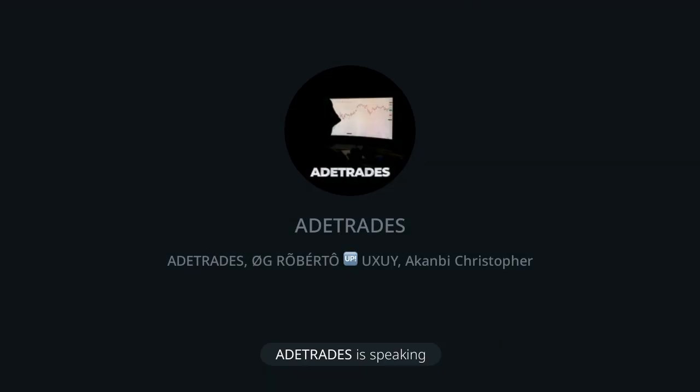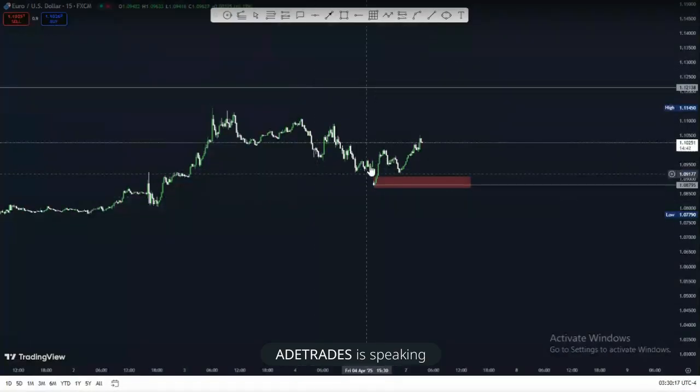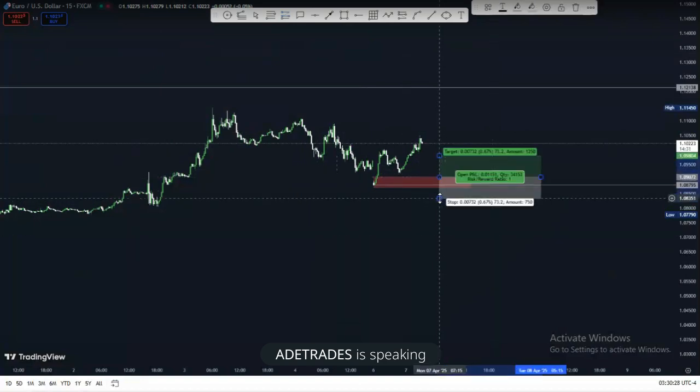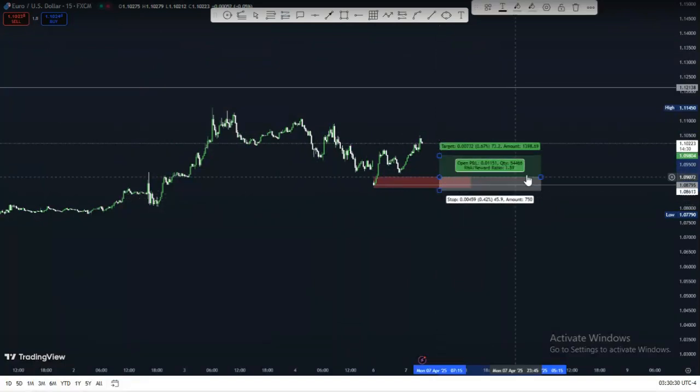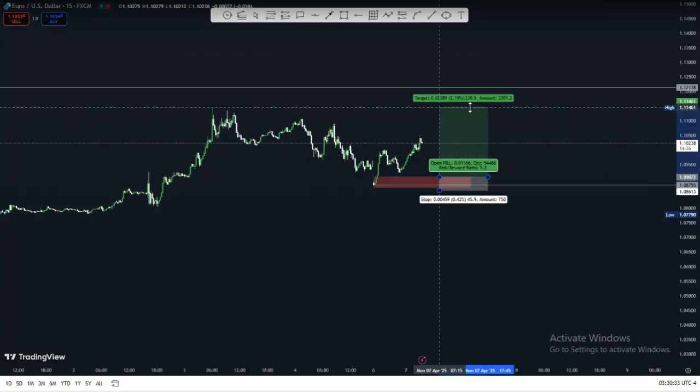Like I was saying, this is confirmation for the buys on Euro USD. So I'll be looking to take these buys also. I'm going to be trading with confirmation because I don't trade without confirmation. So I'm going to be looking at something like this or something like this.